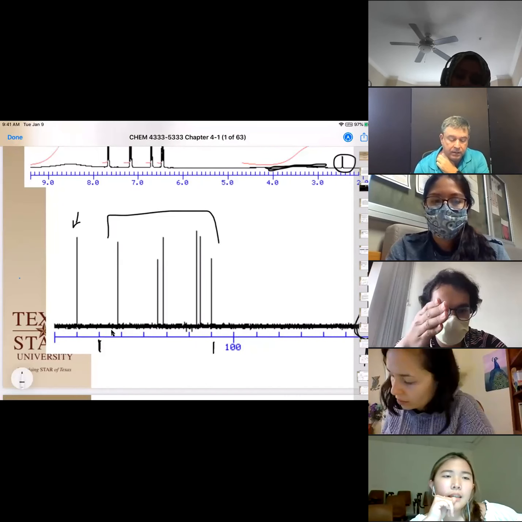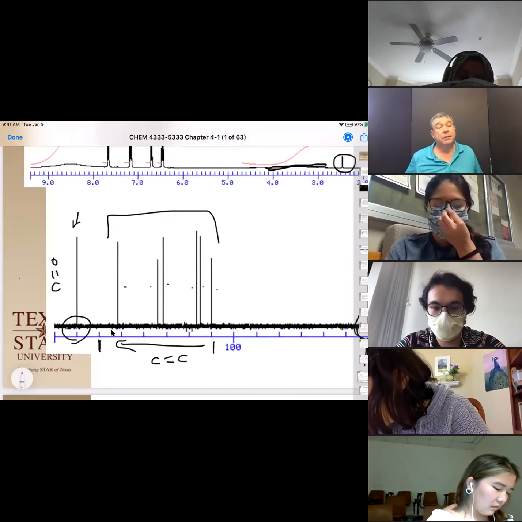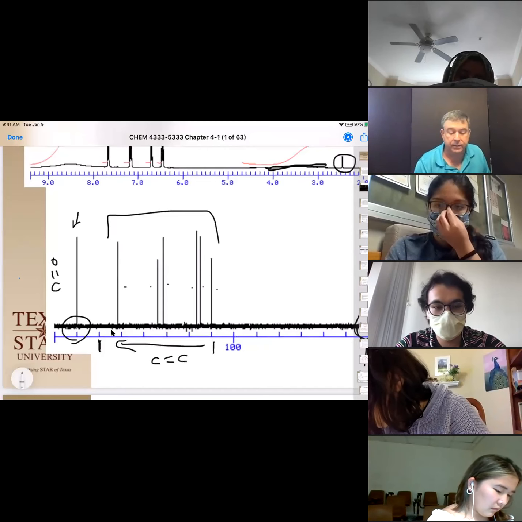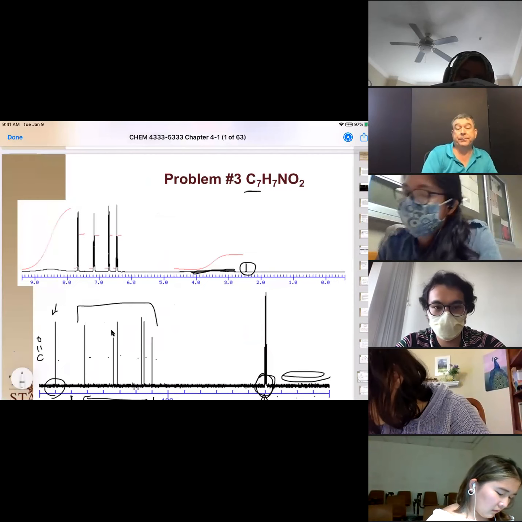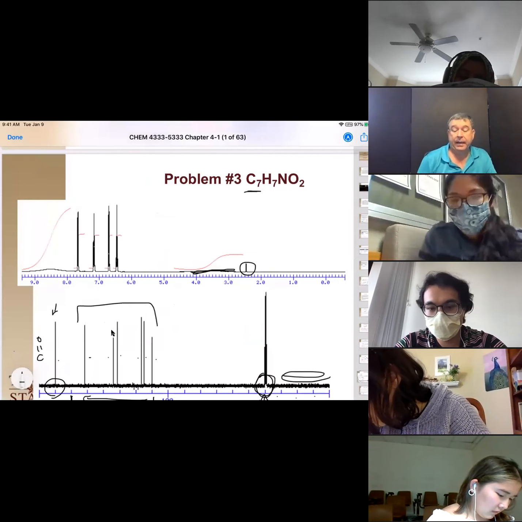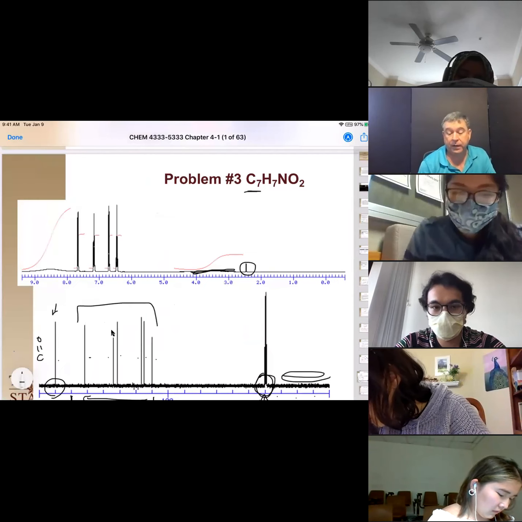We have 1, 2, 3, 4, 5, 6 different peaks here. Benzene plus a carbonyl. Our empirical formula is 7 carbons and at least 1 oxygen, so at least one of those oxygens is used up in that. That's interesting. Ooh, big old peak here.